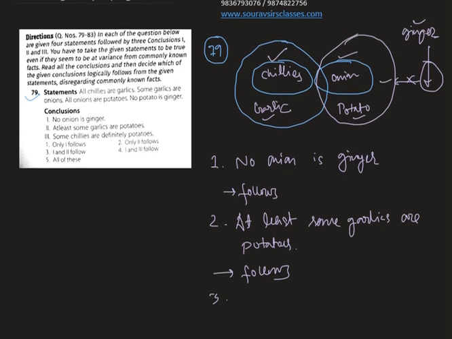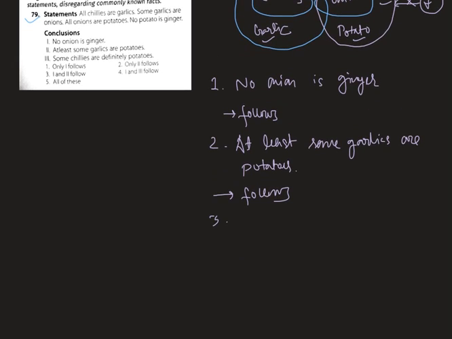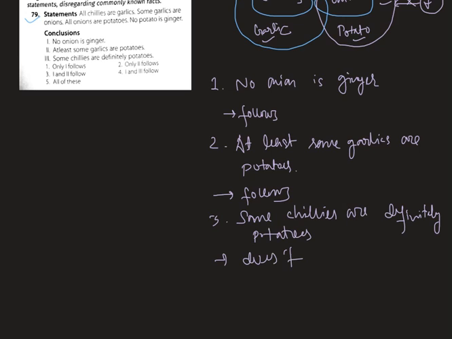So we cannot say that some chilies are definitely potatoes. So the third conclusion doesn't follow. Hence, the third option is true, that is, 1 and 2 follow.